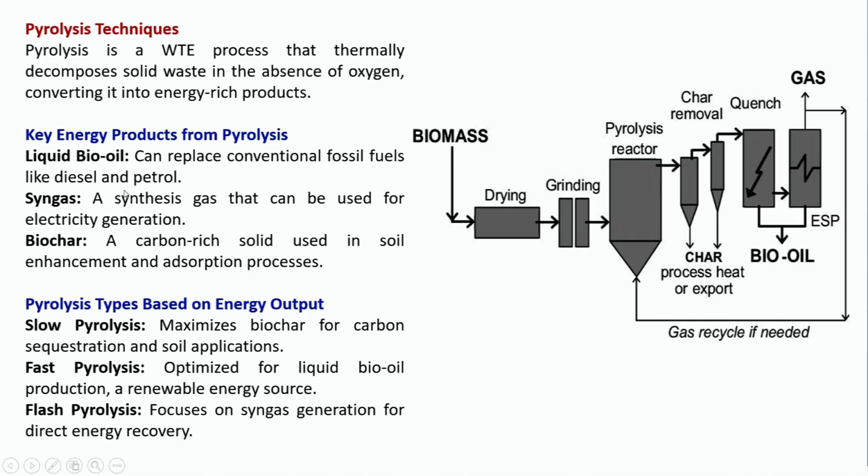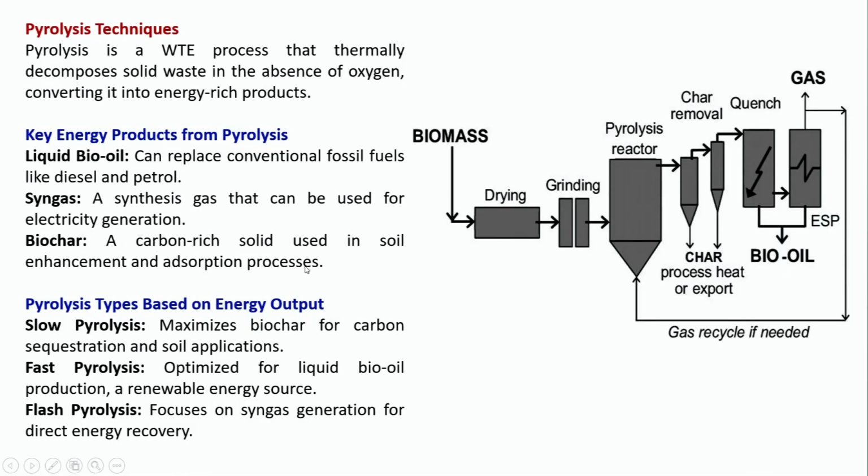So what we understand is that through this process of pyrolysis, the key energy products produced are liquid bio-oil, which can replace conventional fossil fuel, as I mentioned already, whether it is petrol or diesel; syngas, a synthesis gas that can be used for electricity generation, this is very important; and biochar, a carbon rich solid used particularly in soil enhancement and adsorption processes.